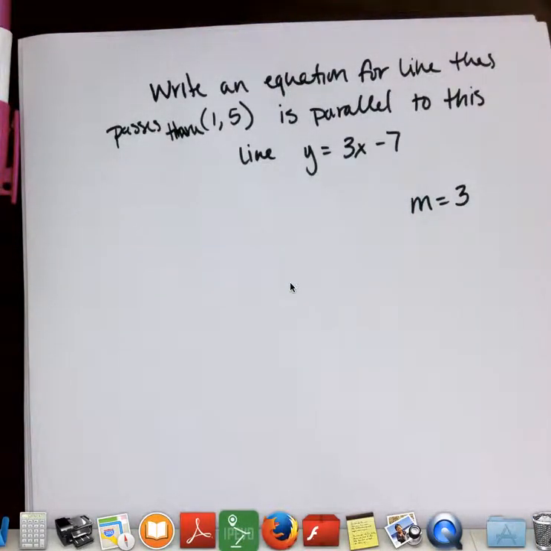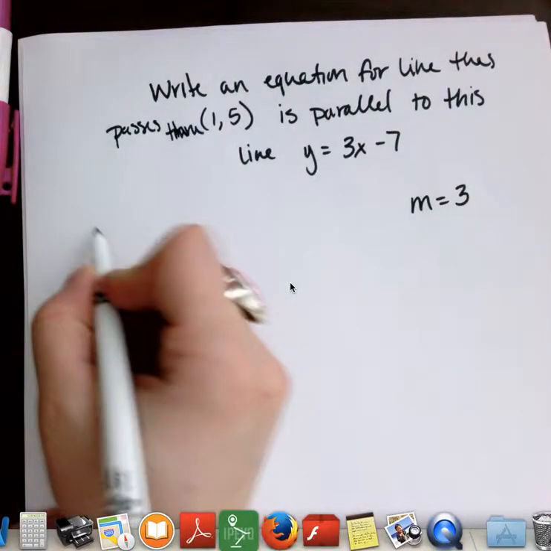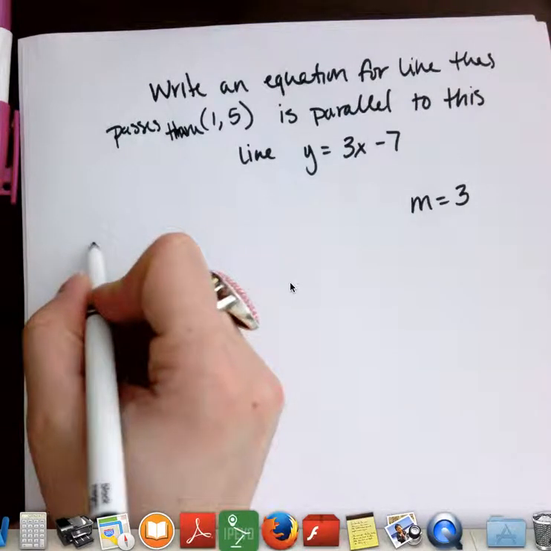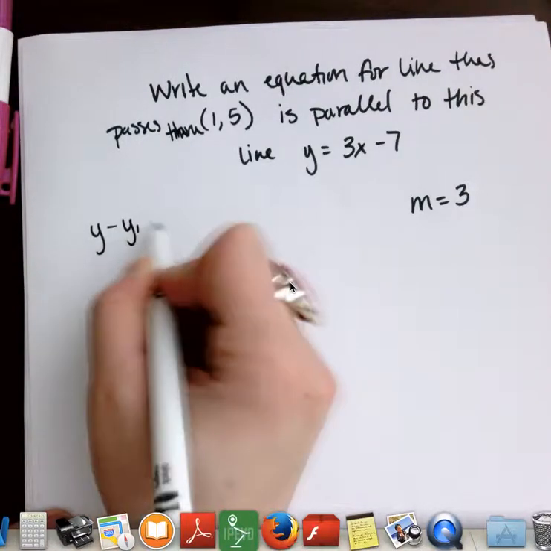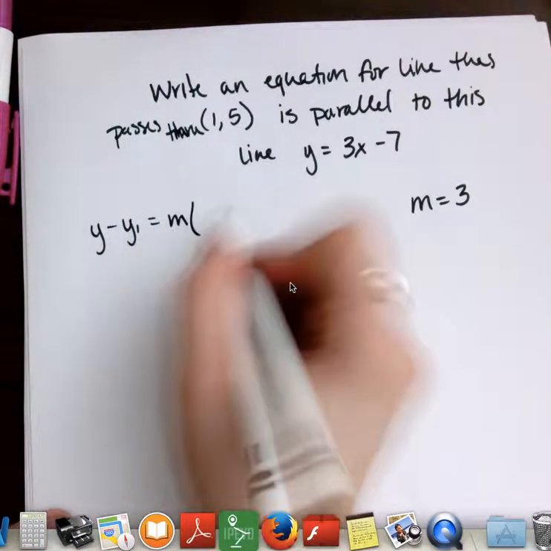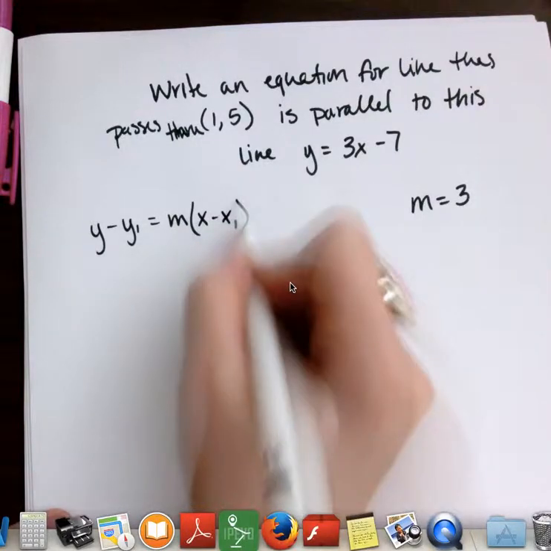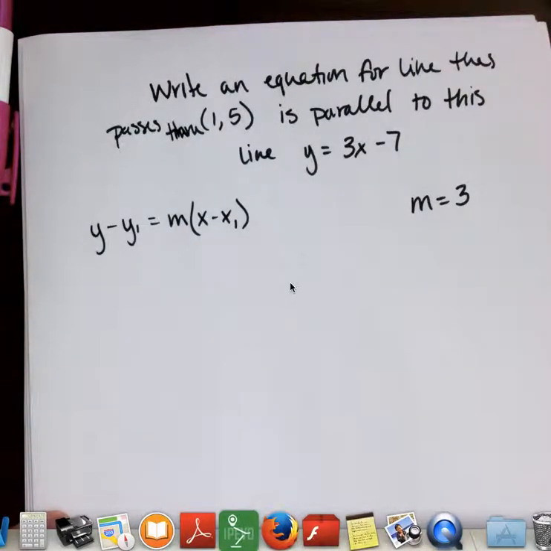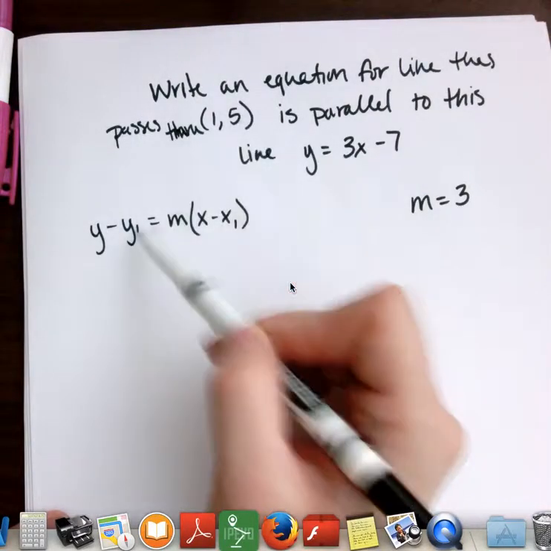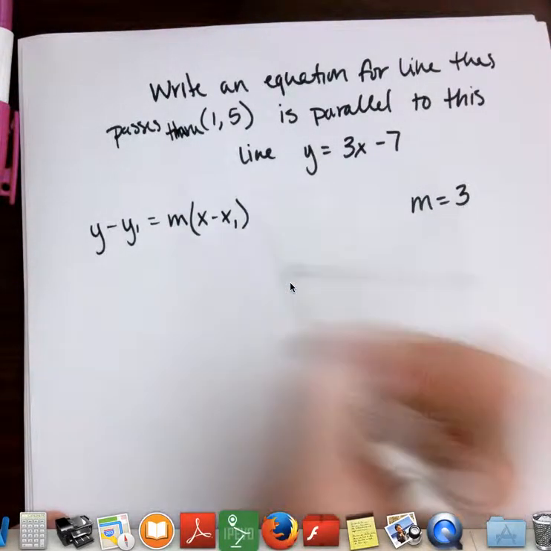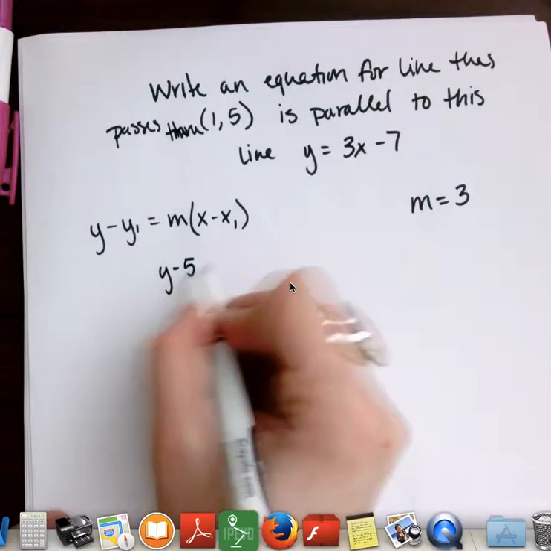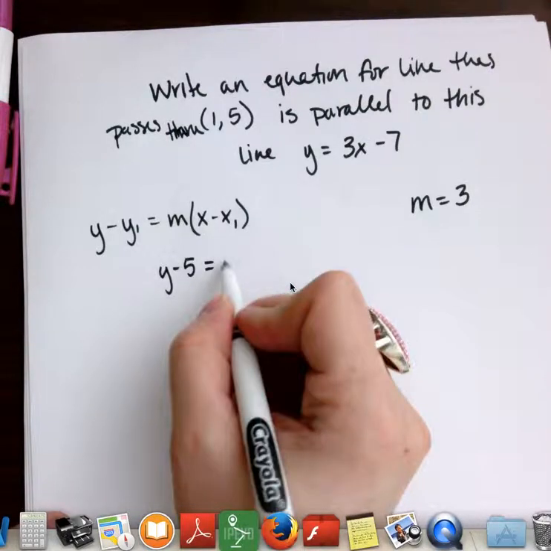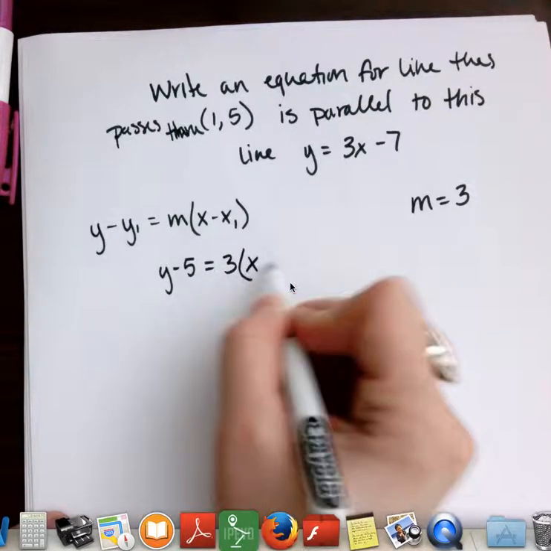But here's where I need to use that point-slope formula in order to find this new equation. Just a reminder, y minus y1 equals m times the quantity x minus x1. I plug in my values for x and y into my y1 and my x1, and then my slope goes in here. So y minus 5 equals 3 times x minus 1.